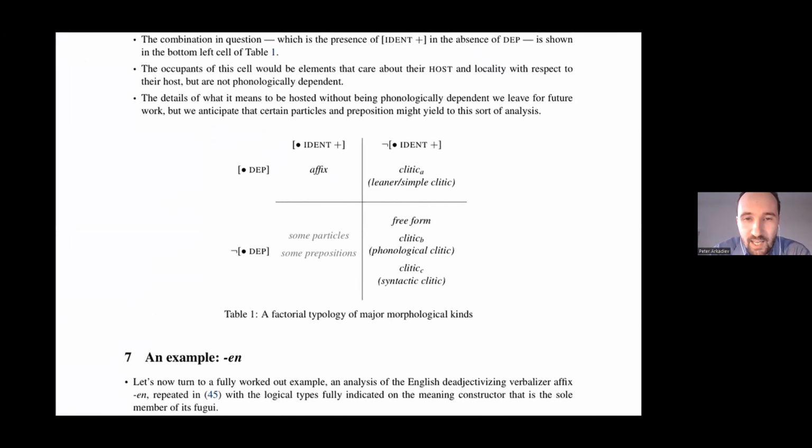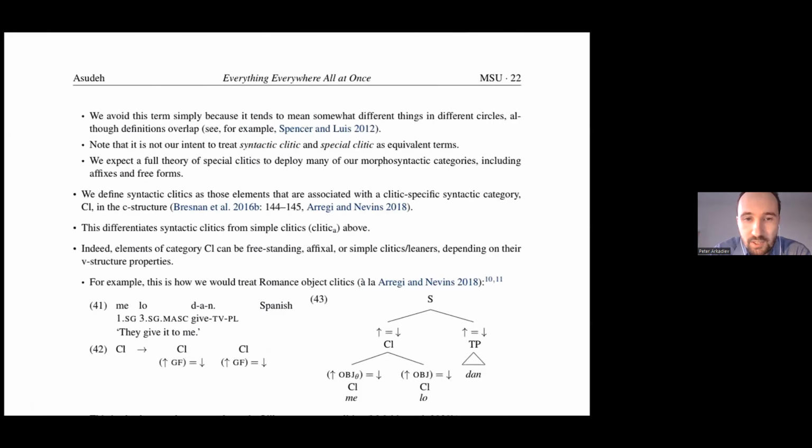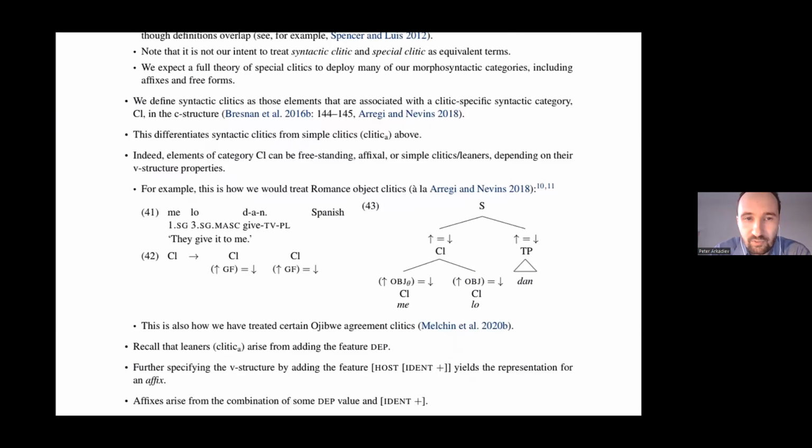And in relation to this, it's probably more of an empirical question on the previous page. So you sort of a priori consider the so-called Romance object markers as clitics. But are they really clitics?